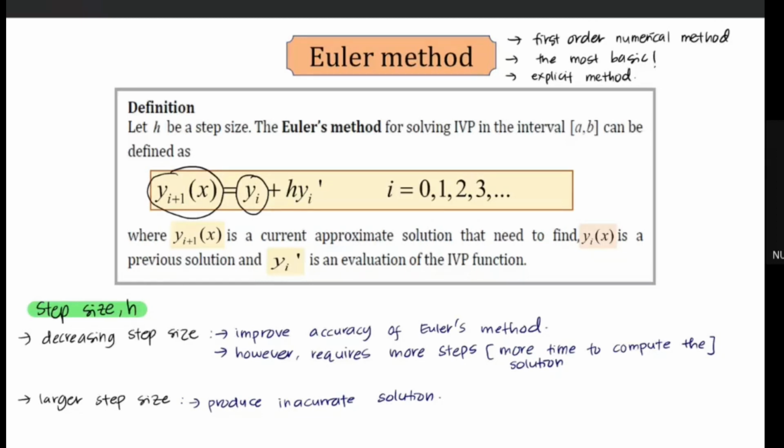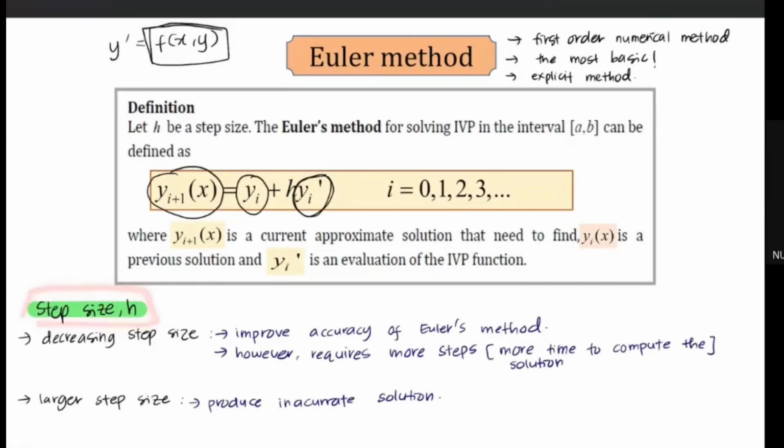And then y_i prime is from the IVP. So we have y prime equal to f(x, y). So you determine y_i prime here. Take this term. And then the step size.